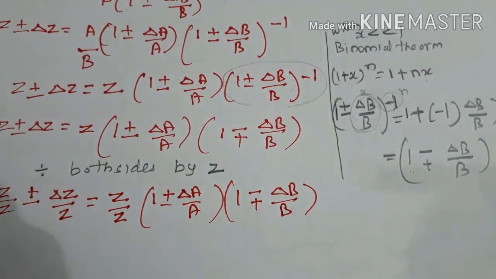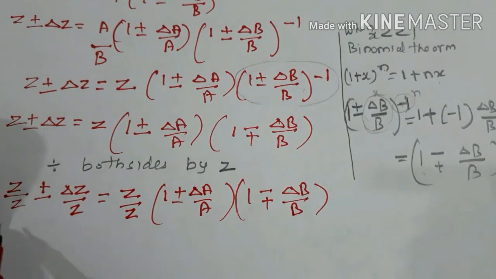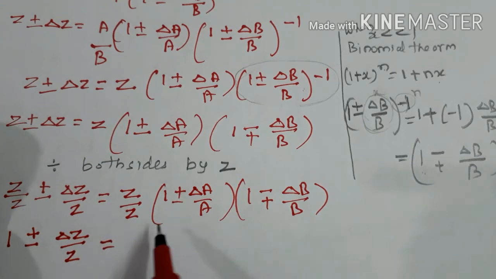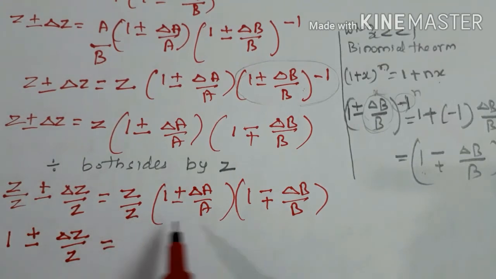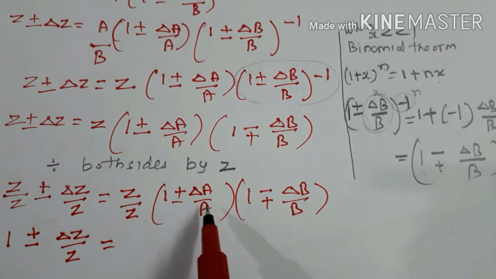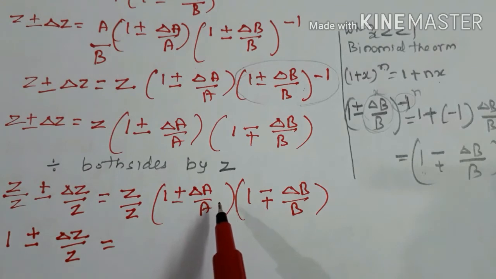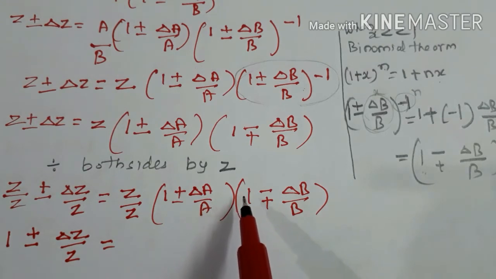Now you know that this will be 1. Okay, this will be 1. So 1 plus or minus delta Z by Z is equal to, this is 1. And here what you can do is, you have to remove the bracket, children. Now you take these two terms and you multiply with 1.